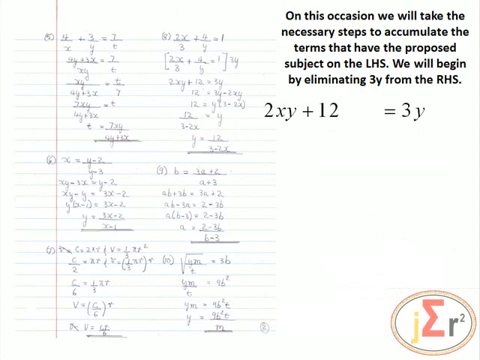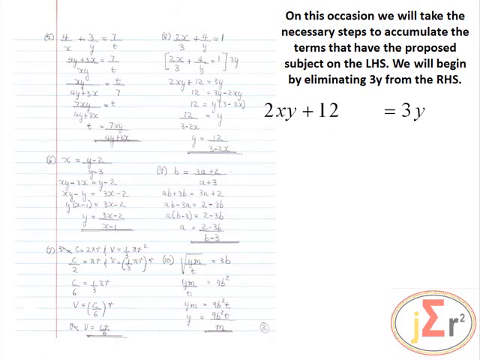We said earlier on, as a matter of fact, given this particular case where we have to make y the subject of the formula, it will be good, we imagine, if we can get the proposed subject to very quickly be on the left hand side.